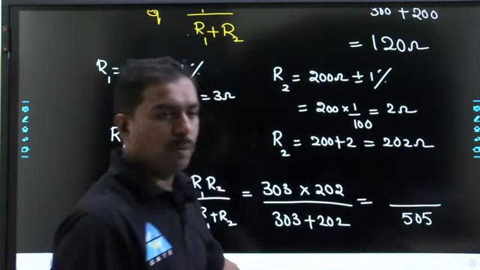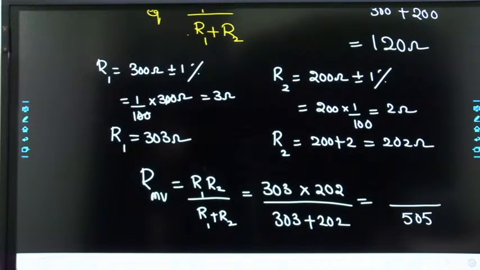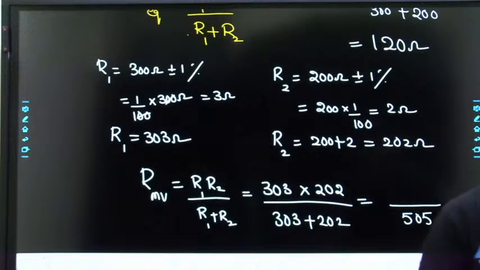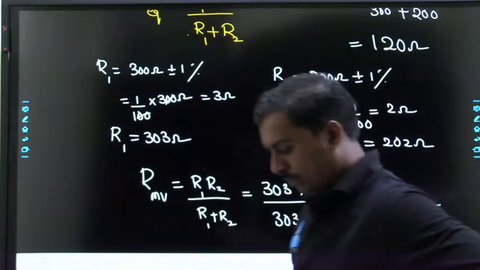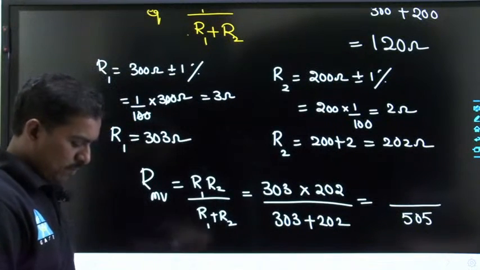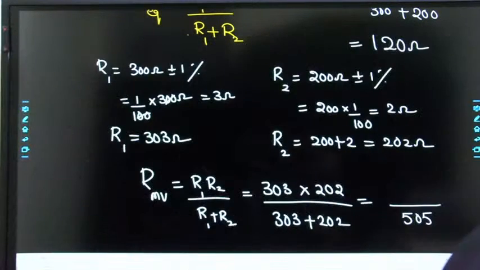Can anybody calculate and tell me what is the value of this? 303 into 202. Please calculate it with me. 121.2. Thank you.